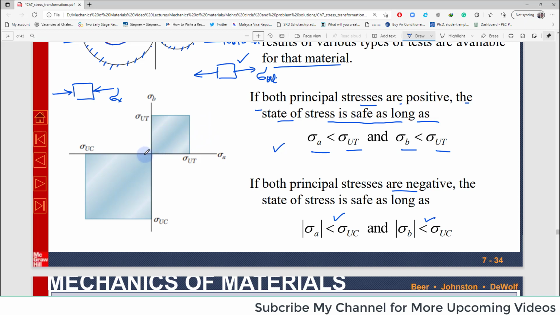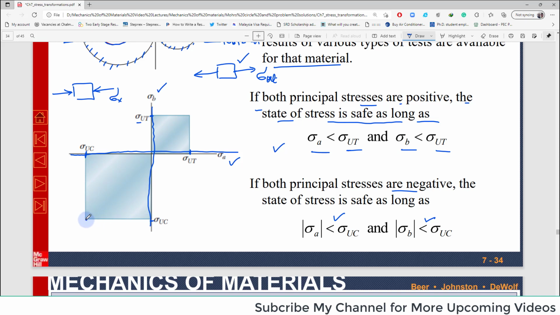Again, if you want to draw it graphically, you have the x-axis and y-axis. On the x-axis you take sigma A and on the y-axis you take sigma B, and sigma A and sigma B are the principal stresses. For tensile stress, let's say this is your ultimate strength under tension and this is your ultimate stress under tension. Similarly, this point is your ultimate stress under compression.